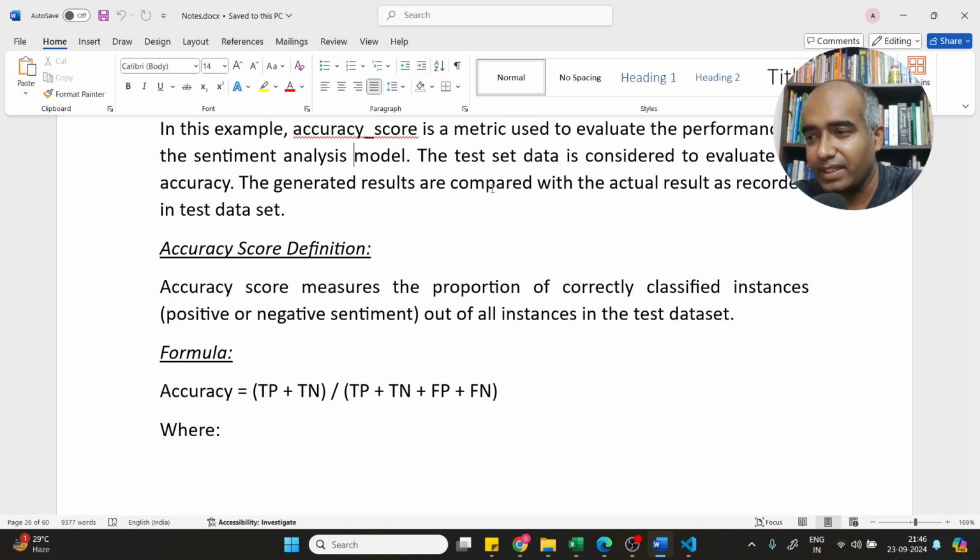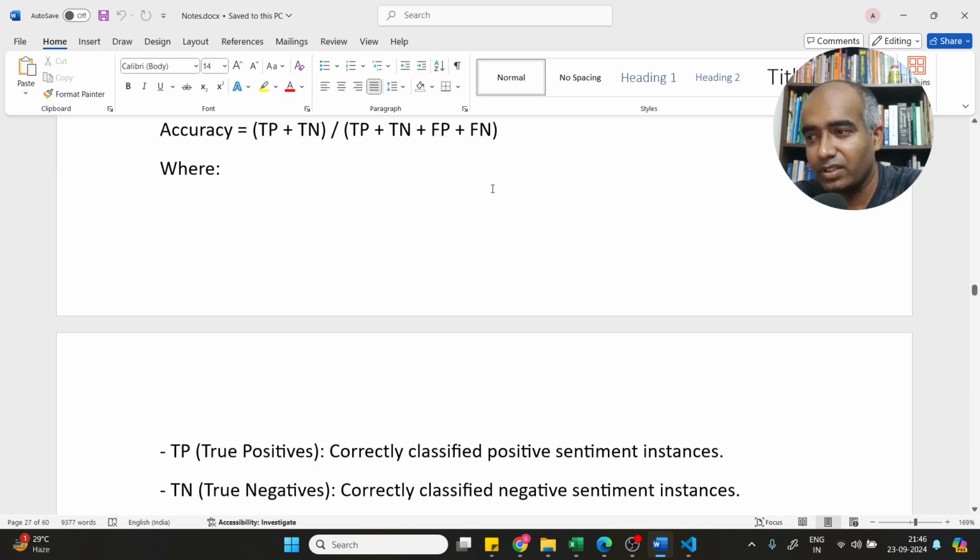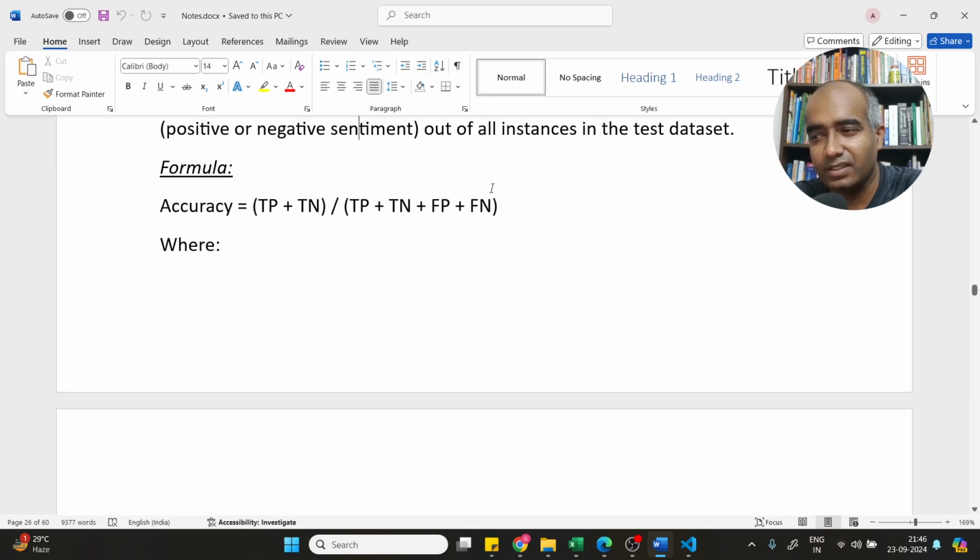So what is the accuracy score definition? Accuracy is this formula: true positive plus true negative, divided by true positive plus true negative plus false positive plus false negative. I hope you understand true positives and true negatives. True positive means where the result is positive, and true negative means where the result is negative, with negative sentiment.